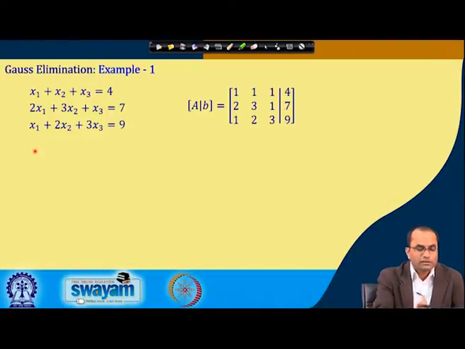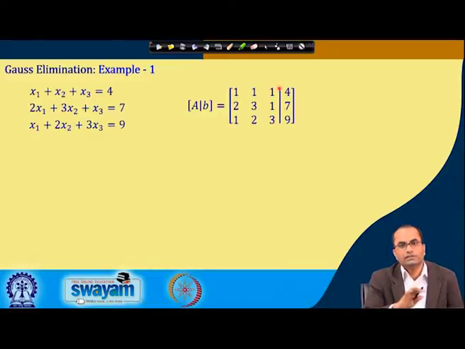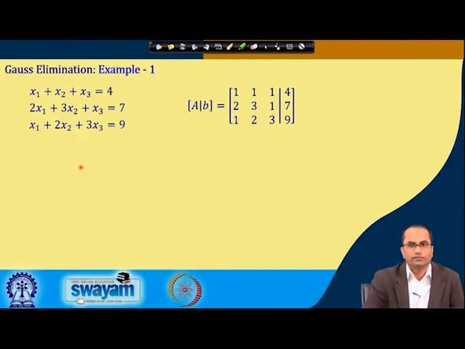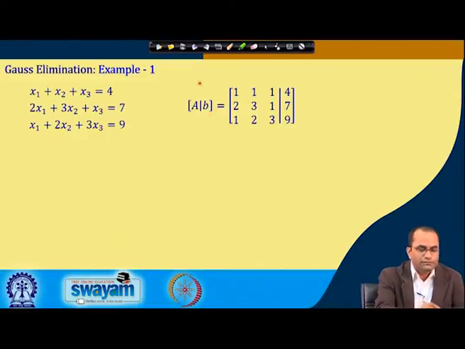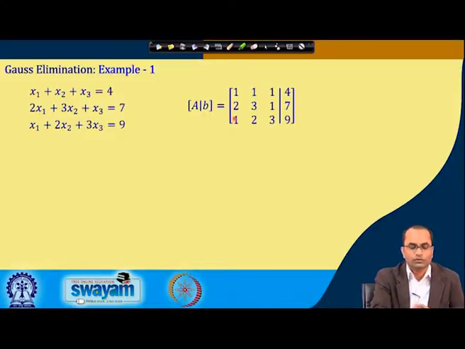It is easy to understand that Gauss elimination is nothing very complicated; it is like eliminating the variables in a systematic fashion. The first step is to write this combined matrix, the so called augmented matrix.